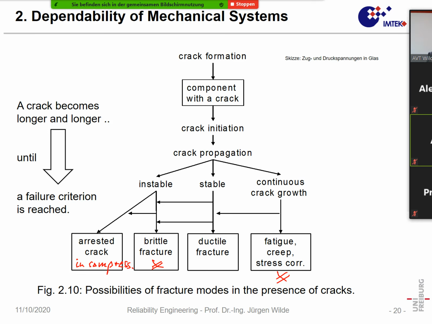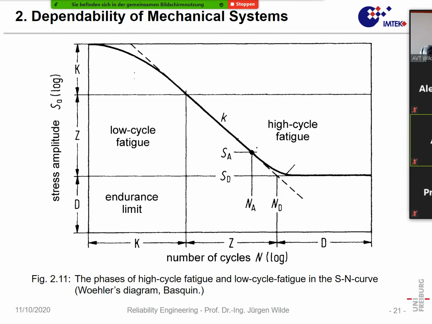Again, the crack propagates, but if it's a complex part, the crack can wander into a region where there is compressive stress, and then the crack can no longer propagate, and here it is a so-called arrested or trapped crack. Okay, so we see alone that is quite complex, and that is only for the behavior of fracture in a single part.